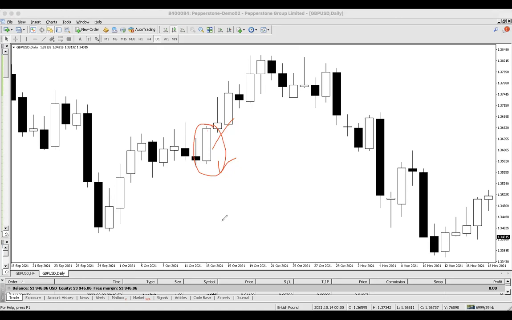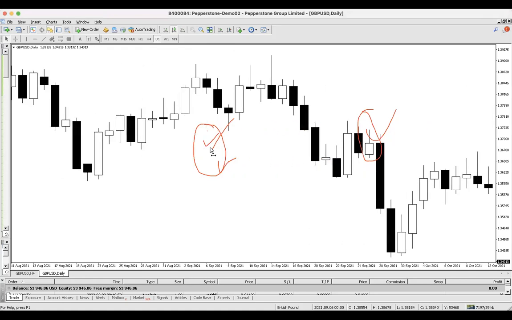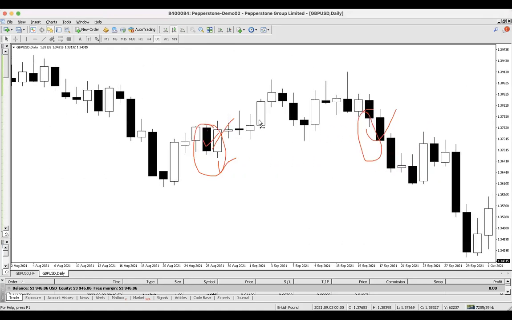Okay, so in this scenario here, we are just looking for marubozu candles. What is very important for you is to know what it means and to be able to identify them on the price chart. One here, this is a marubozu. Another one here, it is a marubozu. Let's check. What more do we have?